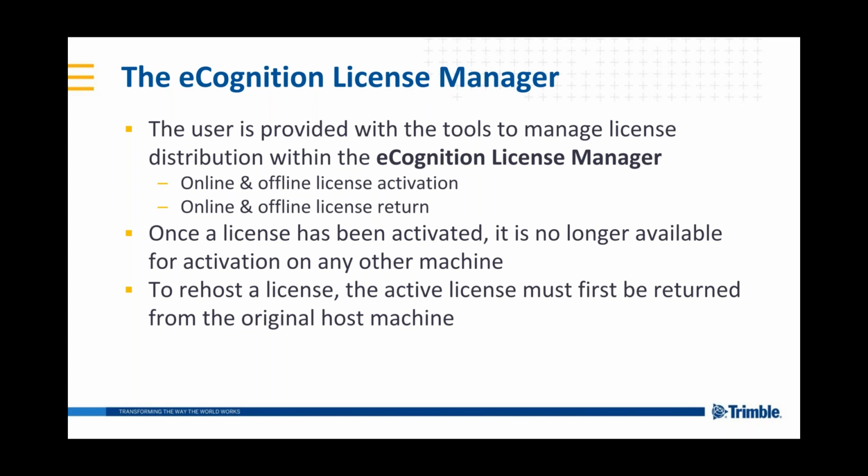Word of warning, don't just clean out the original host machine, reformat it, or whatever actions you might be taking to clean it up before you return your eCognition license. Please make sure to return your eCognition license before making any significant changes to the original host, or you'll be stuck when trying to activate your license again.